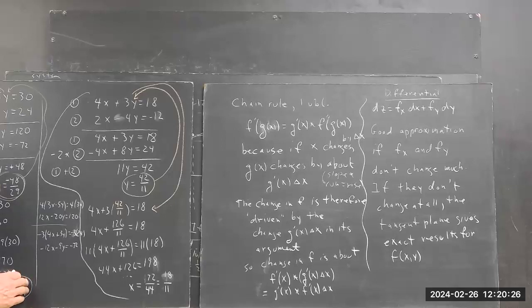We have 630 over 87, which is 210 over 29. So now y is about 7 and x is kind of close to -2. So y is pretty close to -2 and x is pretty close to 7.